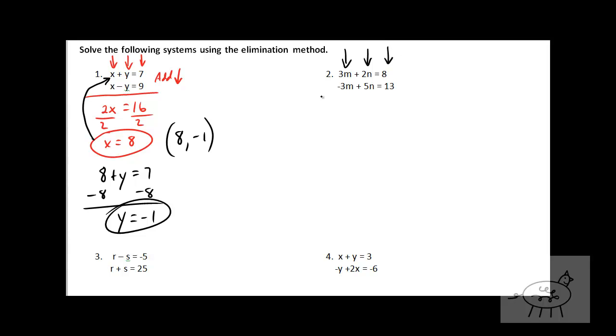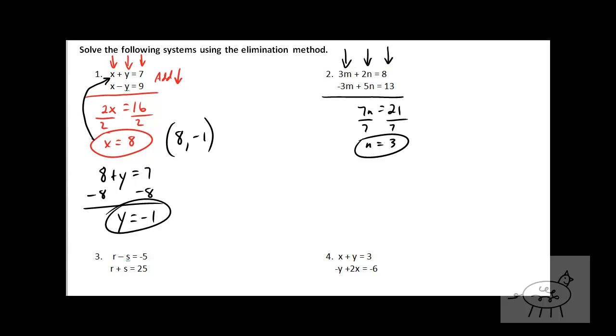Okay, so we draw a line underneath there. 3m minus 3m is 0, so that basically cancels. Okay, 2n plus 5n is 7n, and 8 plus 13 is 21. Okay, we're 50% of the way done with the problem already. We divide by 7, n equals 3. Okay, and then remember, we take that and we plug it into one of the two equations.